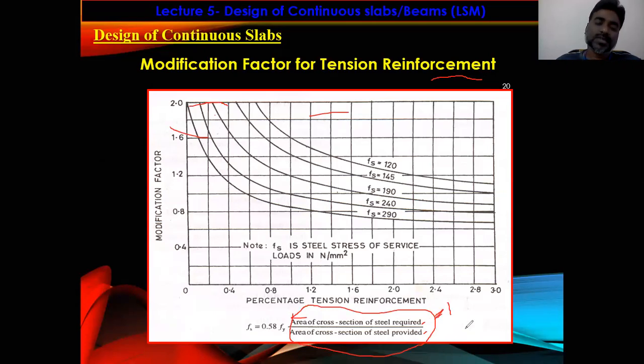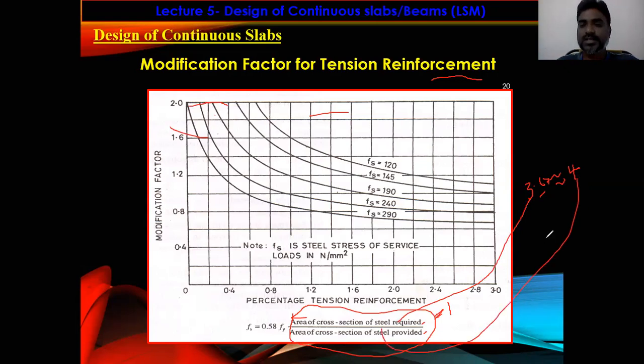because in beams what happens, while calculating the number of bars, if the number of bars is, let us say, 3.6 or 3.7, we cannot provide 3.6 or 3.7, right? So directly we round it up to 4 bars. So the area of cross section of steel required corresponds to this 3.7, and what you have provided is this one, in beams.